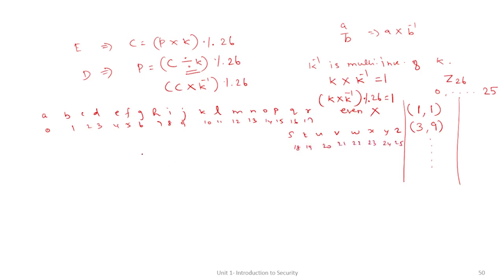So totally 26 values are available. So I am taking HAPPY as the plain text and only one value should be taken as key. So I am taking the same key value as 3.